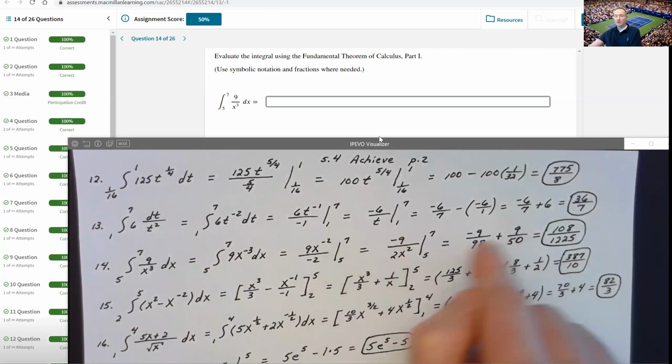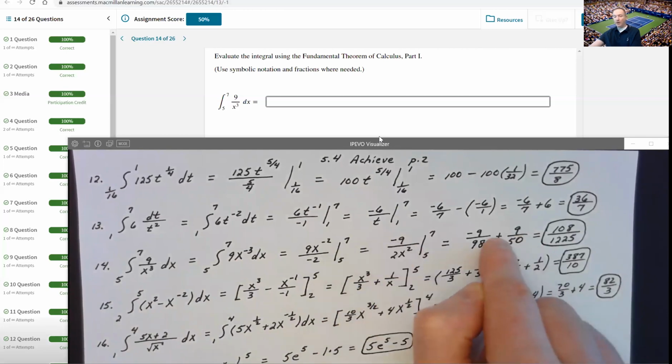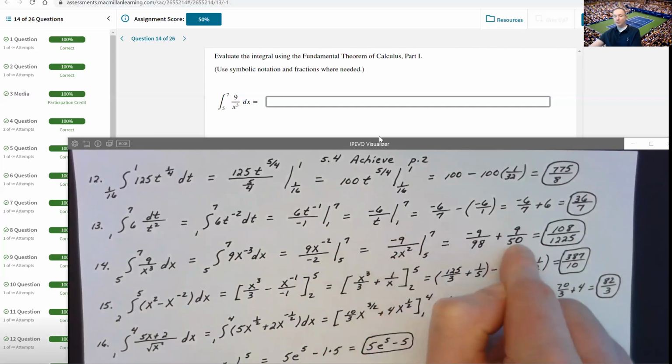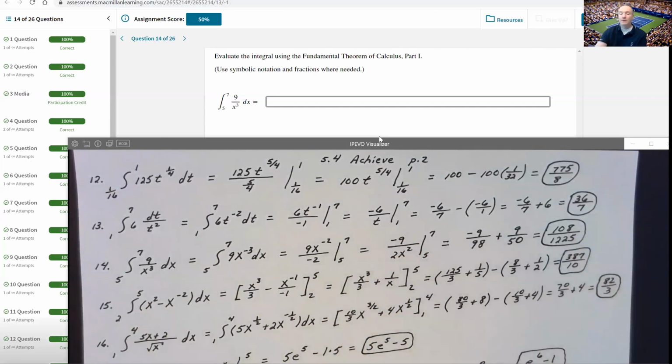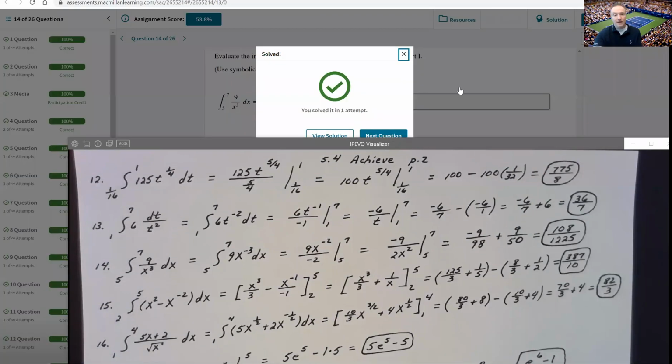Minus the lower limit, but it's going to be minus a negative 9, so I just went ahead and put plus 9. And then my denominator is going to be 2 times 25, or 50. Negative 9 over 98 plus 9 over 50 gave me a positive 108 over 1225. And please notice in these problems, they are wanting fractional answers as opposed to decimals.